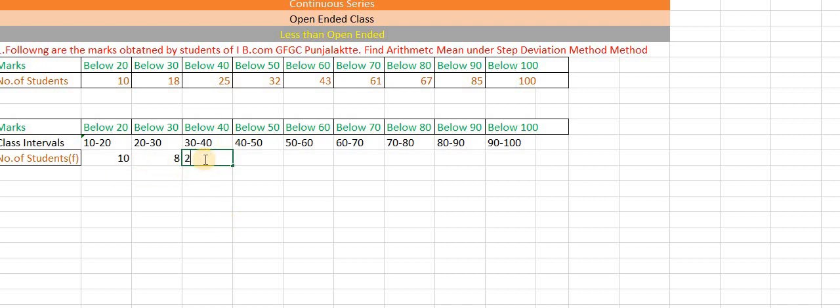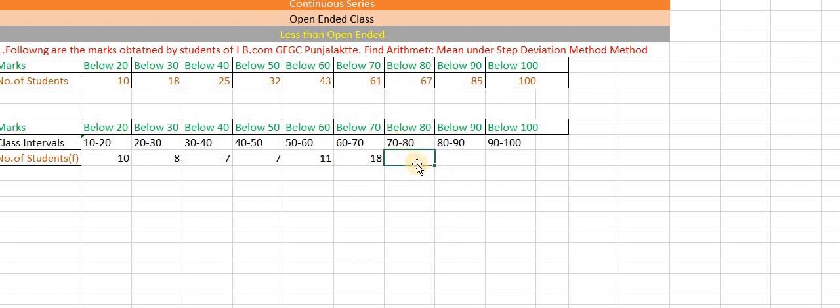So for that reason I'll write 25 minus 18. And this one, 32 minus 25, is 7. And here 43 minus 32 is 11. And here 61 minus 43, so it is 18.